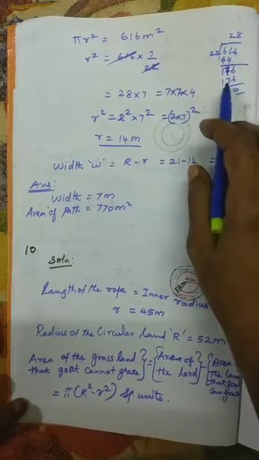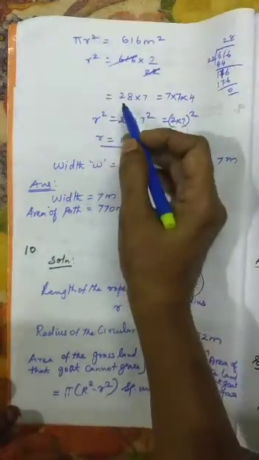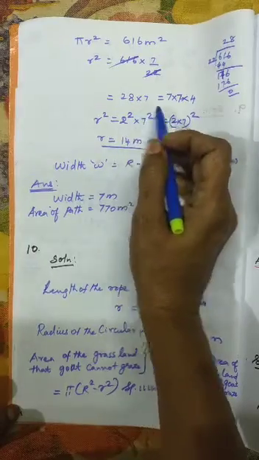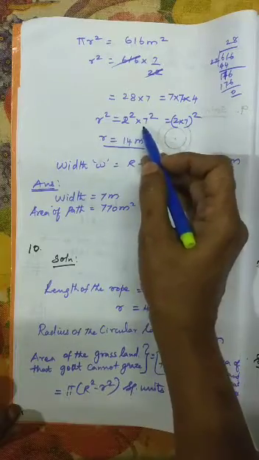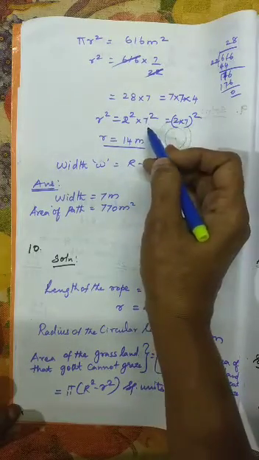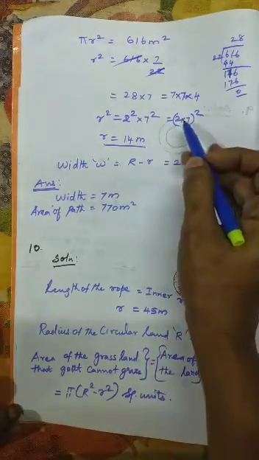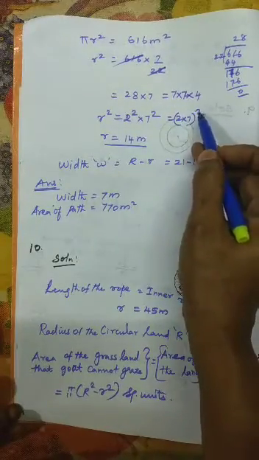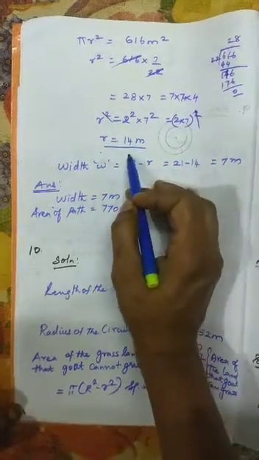Bring down 6. 8 times 176. So 28 into 7. We can write 28 as 7 into 4. So we have 2 7s. You can take this as 7 square and this 4 as 2 square. So 2 into 7 the whole square. Then square and square get cancelled. r is equal to 14 meter.